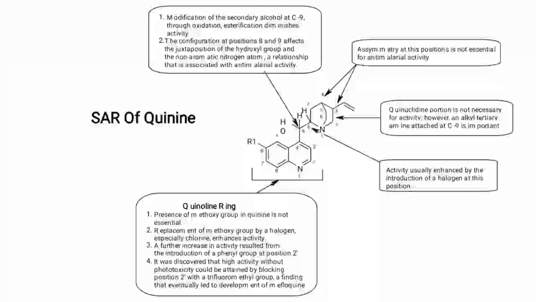Replacement of the methoxy group by a halogen, especially chloride or bromide, these are halogens, what will happen? That enhances the activity of the quinoline ring.